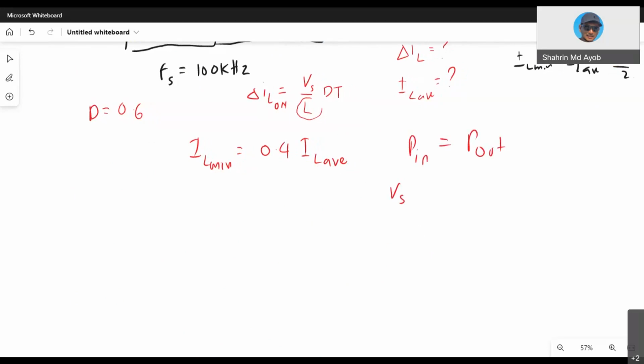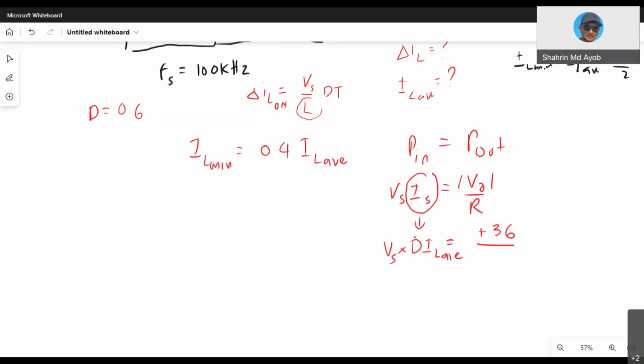P in is Vs Is, which is equal to V out squared over R. And Is we already know is actually D times IL average, multiplied with Vs. V out over R. V out is negative 36, but usually we take it as positive, so we ignore the sign.